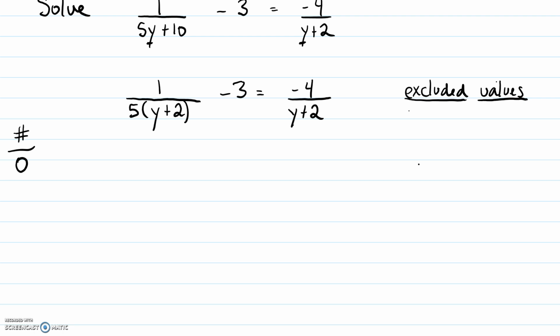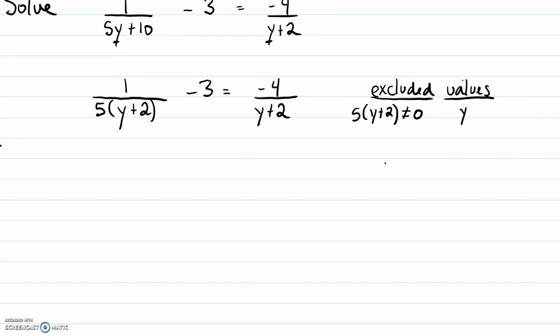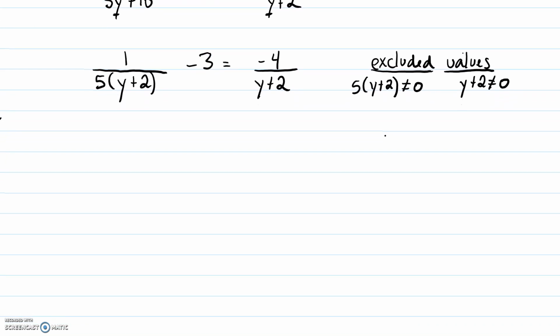To find your excluded values, you're going to take each denominator and set it not equal to 0. We do not want our denominator terms to equal 0, so we need to find those values that will cause that to happen.